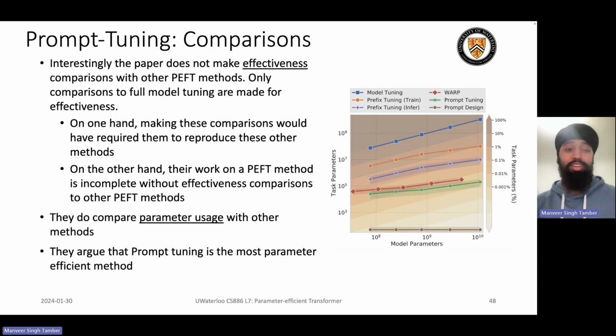But it is interesting that they did not make comparisons with other PEF methods for effectiveness, right? On one hand, making these comparisons would have required them to reproduce these other methods, which would have been more work. But on the other hand, I argue that their work on a PEF method is incomplete without effectiveness comparisons to other PEF methods.